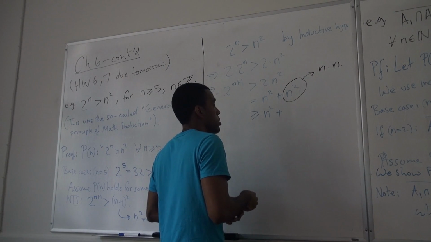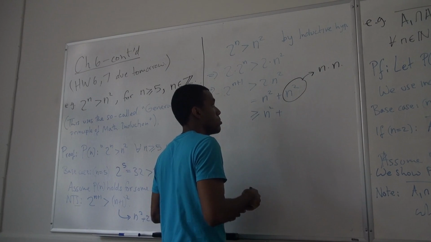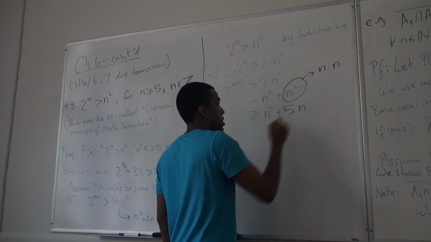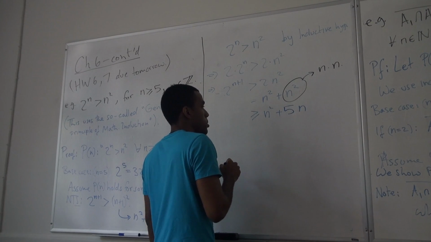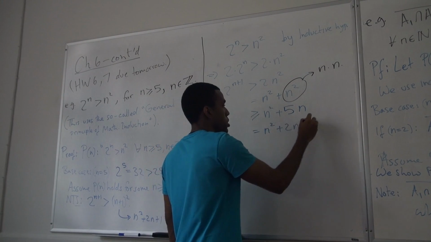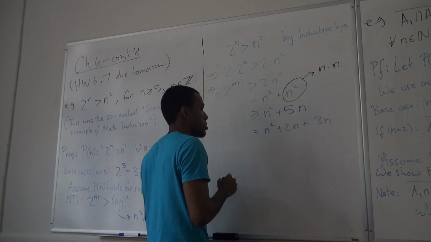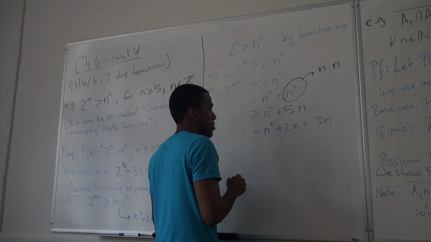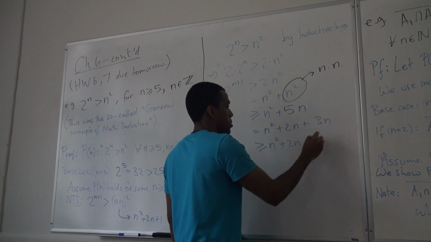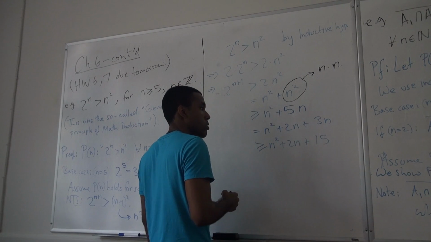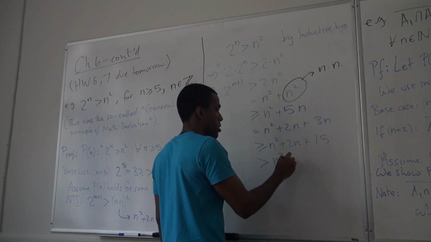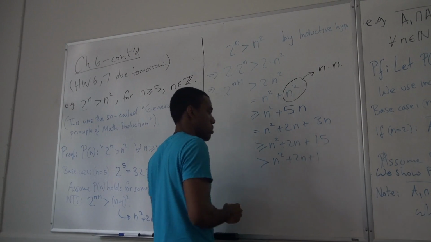If n is greater than or equal to 5, then I could write this as 5n, and that would be true, which I could write as 2n plus 3n, and that would be true. That's greater than or equal to 15, right, because n is at least 5.